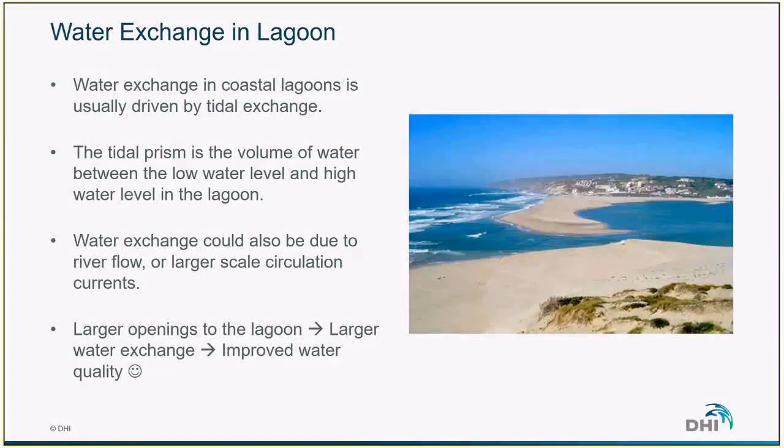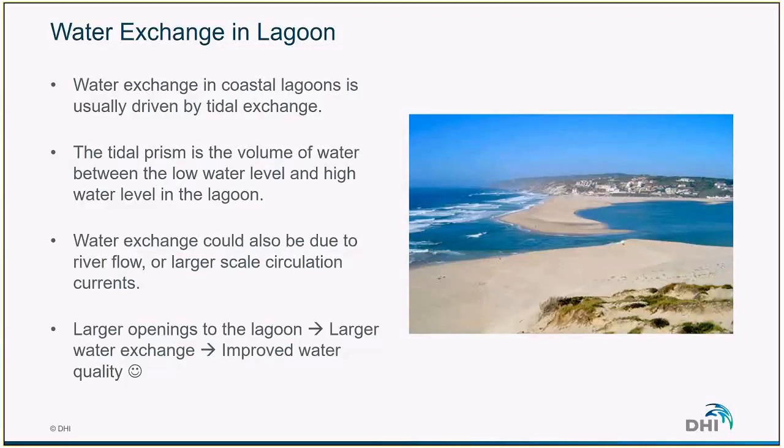With regard to coastal lagoons, one of the key principles is to maintain good water quality in the lagoon. To achieve that, we want good flushing of the water from the lagoon, so it's renewed on a regular basis. Usually the water exchange in a coastal lagoon is driven by the tide.